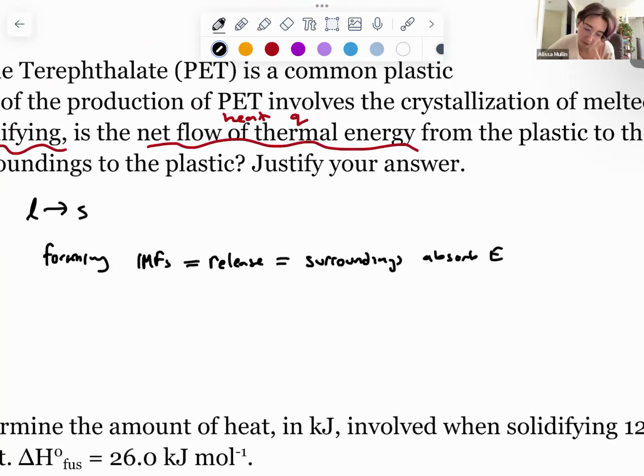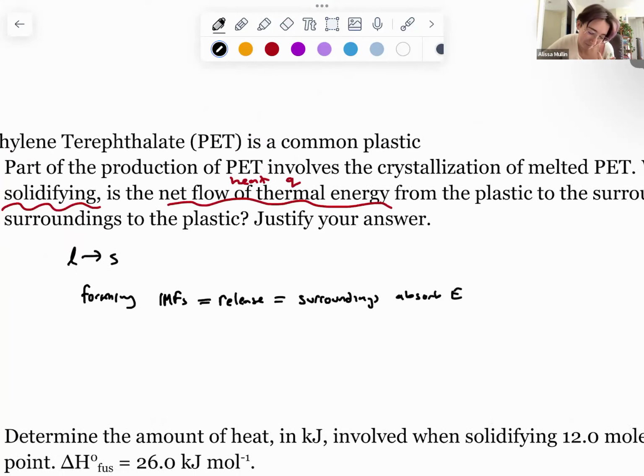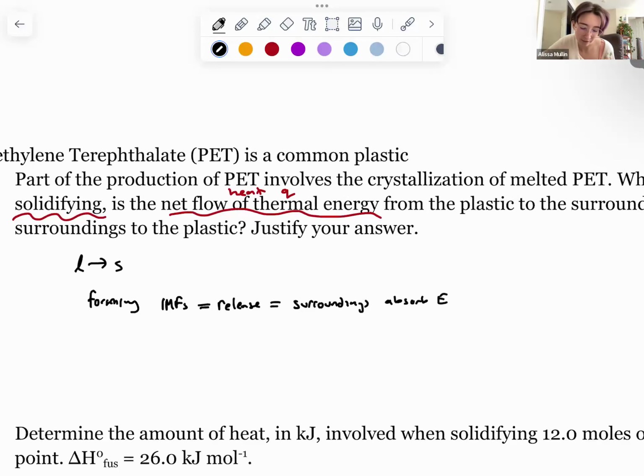The question is whether it's going from the surroundings or into the surroundings. So something along those lines of saying that because you are forming those interactions, you're increasing the stability, you are releasing energy from that process, which means that the energy is going into the surroundings, not into the plastic.